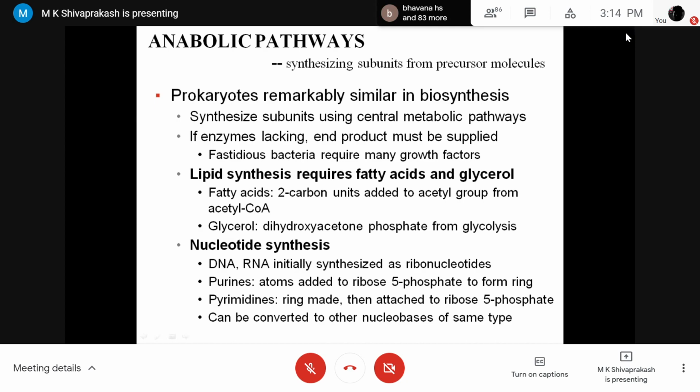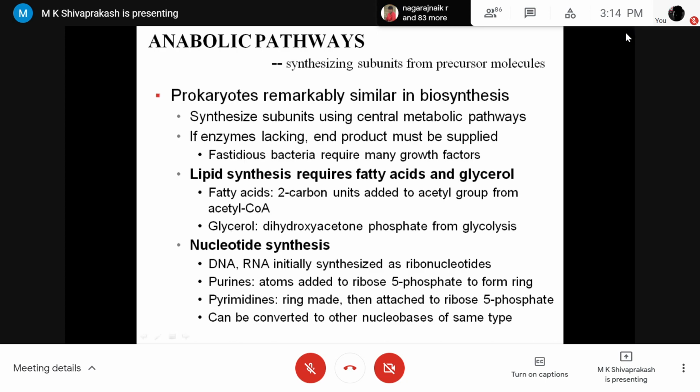And in oil seeds, for example castor seed, peanut, groundnut, even sunflower, the reserved food material is lipid. And this is how plants are able to accumulate the respective type of organic polymers, by following anabolic pathways.